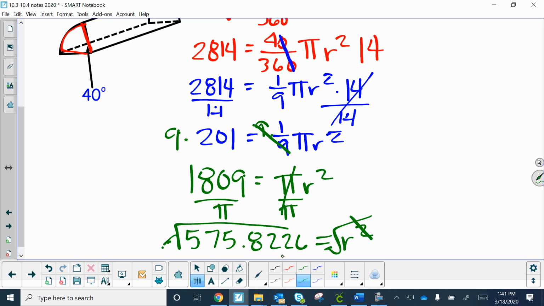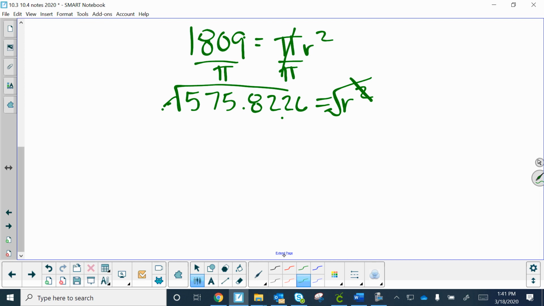And so r is by itself. And now all I have to do is hit square root in my calculator. So this is about 23.996. So if we were to round to the tenths or the hundredths, we could say the radius is about 24.